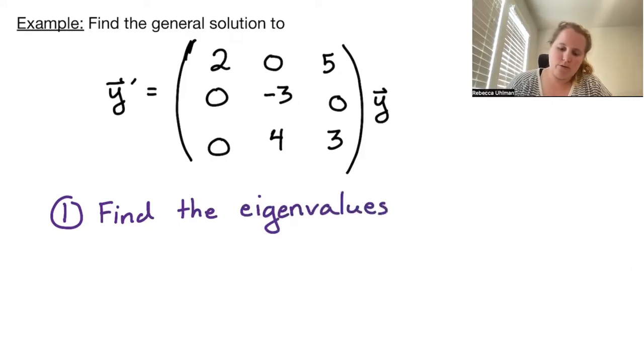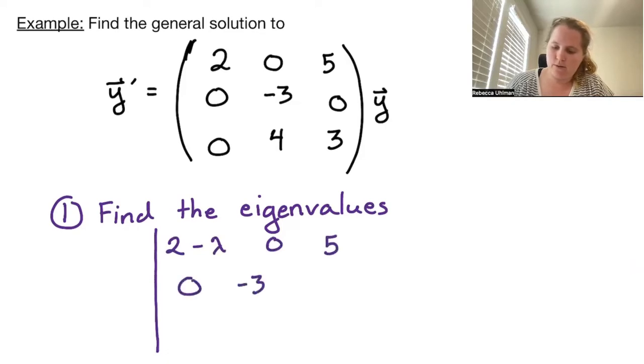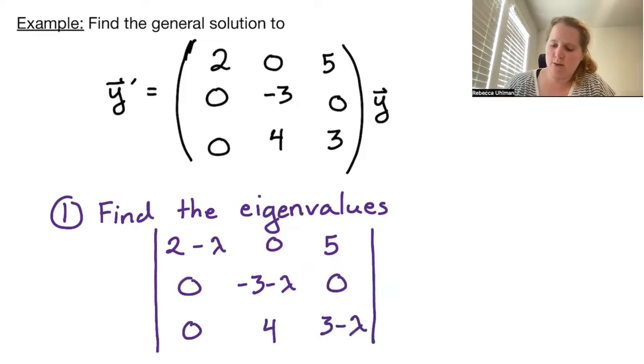So we are looking for where the determinant of the matrix 2 minus lambda, 0, 5, 0, negative 3 minus lambda, 0, 0, 4, 3 minus lambda, is equal to 0.